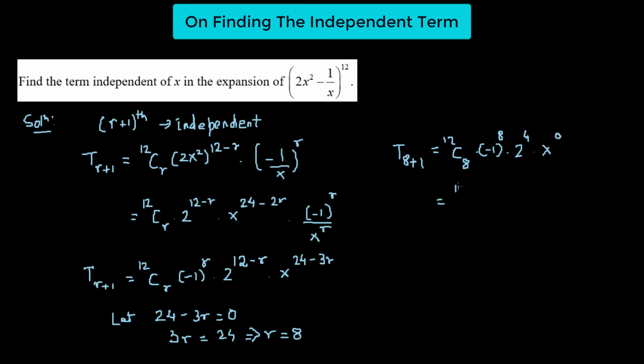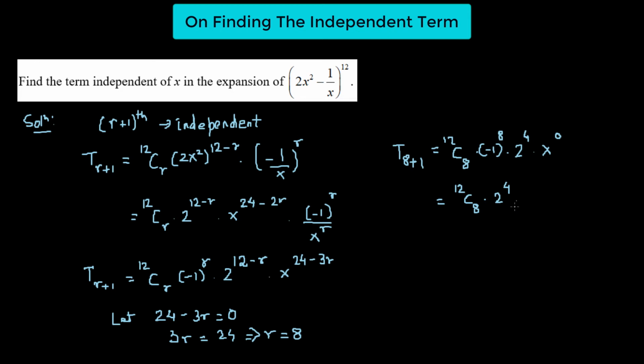So which is equal to 12c8, negative 1 raised to the power of 8 is positive 1, and 2 raised to the power of 4. So this is the term which is independent of x. You can go ahead and find out the value of 12c8 and then multiply it by 2 raised to the power of 4. I'm leaving it here, so both the answers will suffice.